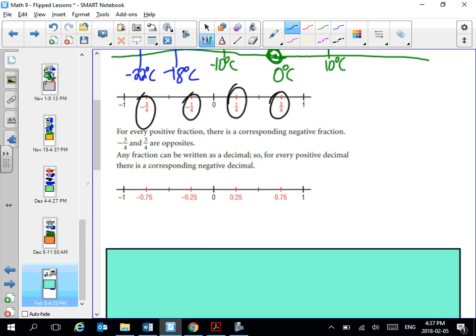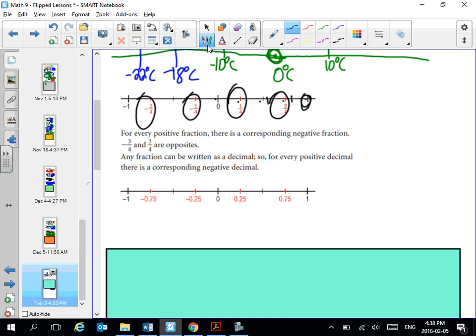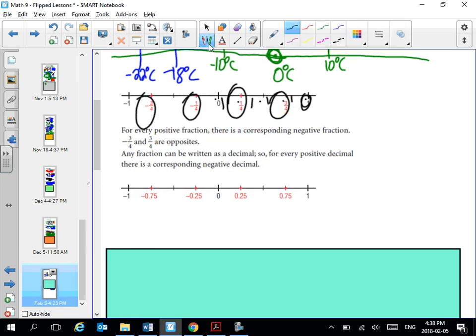Now what they're trying to show you here is that 3/4 itself doesn't change. That distance does not change. If I take 1 kilometer or 1 degree or 1 anything, and I break it down into 1, 2, 3, 4 sections, I still have that same one unit of 1 kilometer or 1 degree Celsius or $1 or whatever.